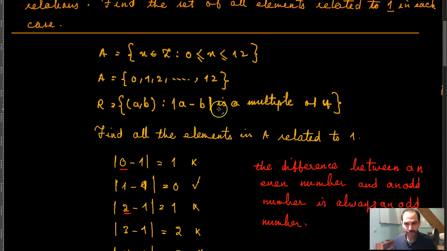What we are looking for is that the difference of those two numbers is supposed to be a multiple of 4, which is an even number. But not just an even number, an even number and a multiple of 4.